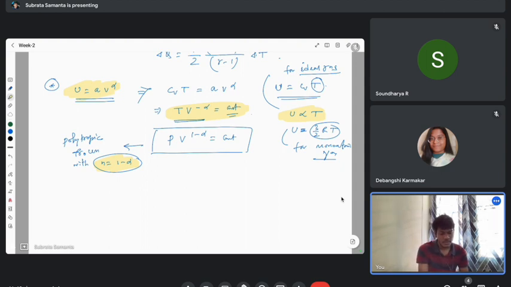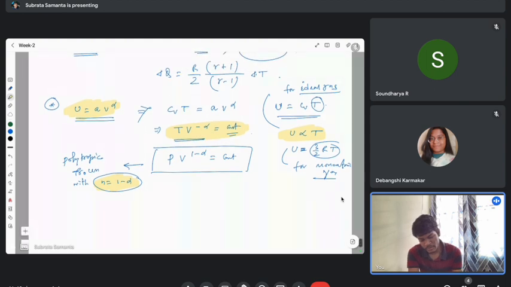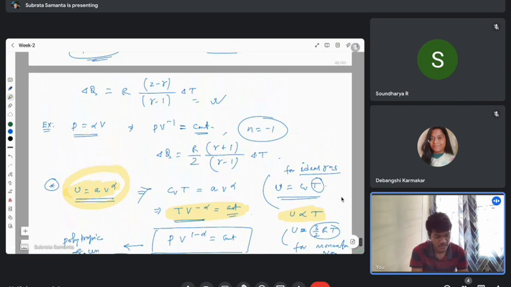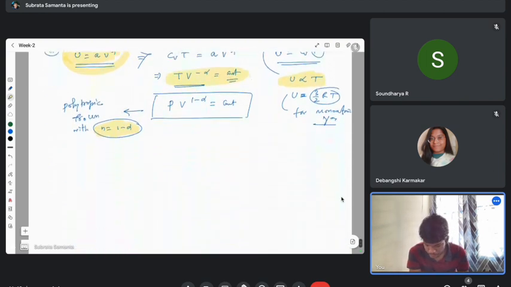So, okay, for this process we had various types of this kind, and we just converted this into the polytropic process. Once you know the n, we calculate the delta Q and any other quantity. So then what about the delta Q for this process? We just put into the formula.